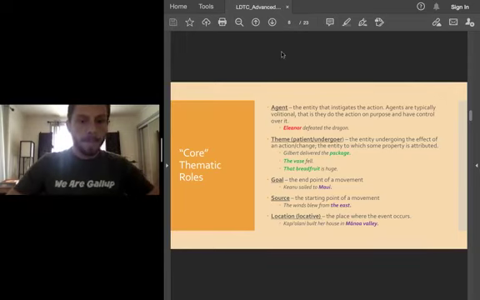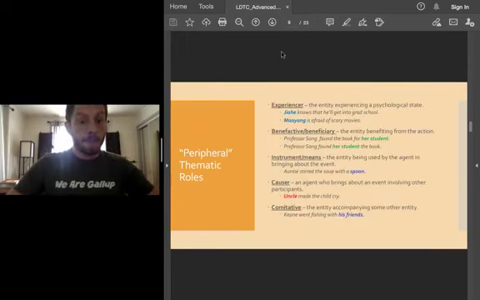Okay. Now, onto the peripheral, quote-unquote, thematic roles. These are thematic roles that are not as frequently occurring as roles like agent and patient, or even location or goal, but they are still important ones for us to pay attention to.